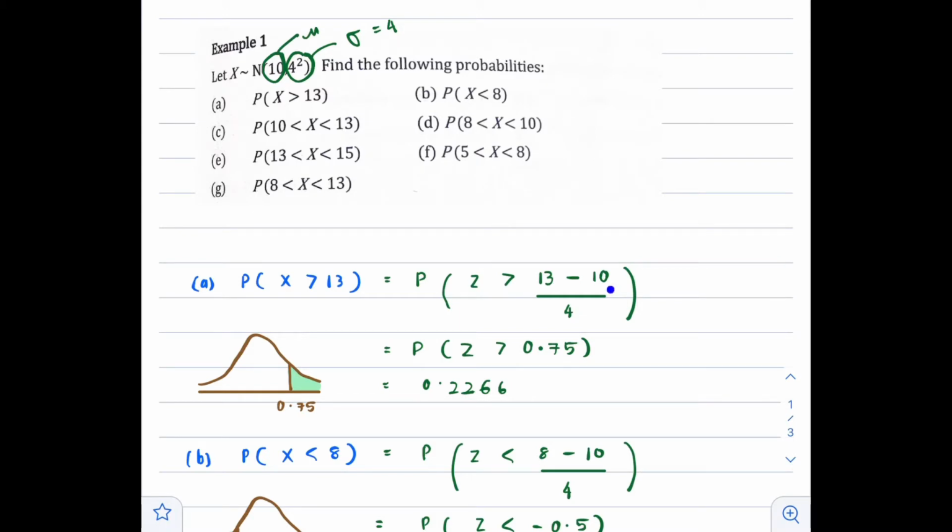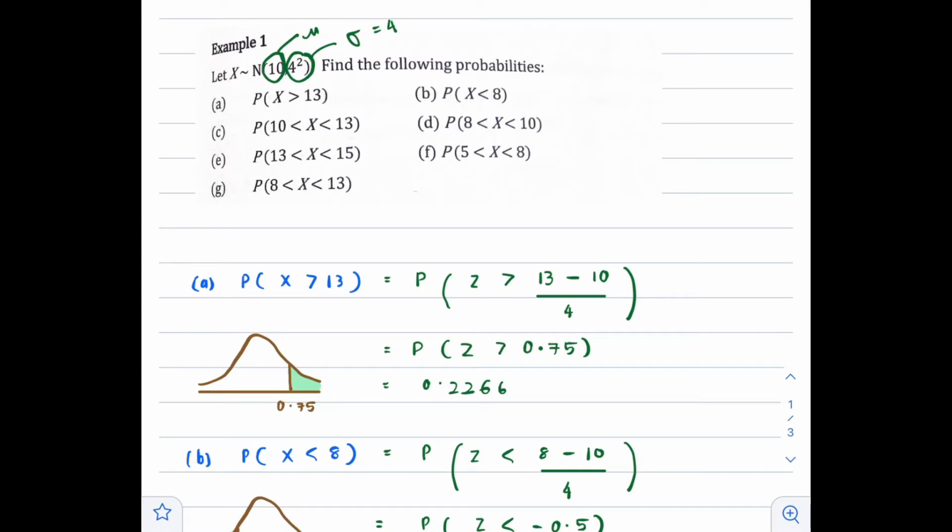So 13 minus 10 over 4 is 0.75. Your symbol here will be Z, meaning that you have converted into a standard normal value. If you shade the area on the bell-shaped graph, more than 0.75 is this shaded area, towards your right hand side.